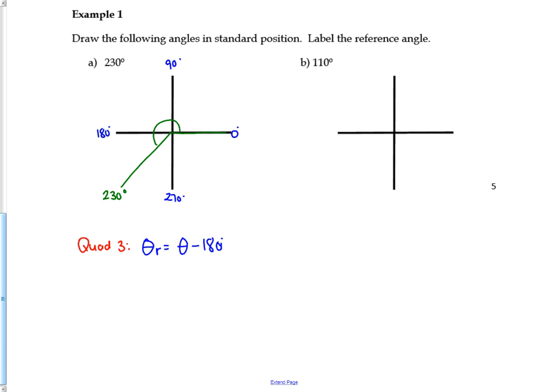Every time. Doesn't matter what the angle is. So in this case, my rotation angle was 230. Take away 180, which is 50 degrees. Okay, so it's going to be, let's use purple. This little angle right in here, this is 50. Theta R.